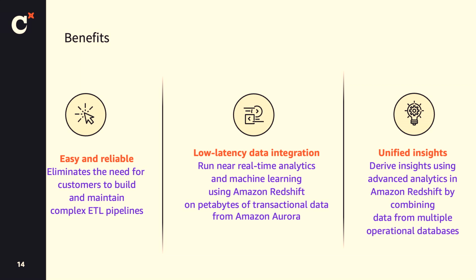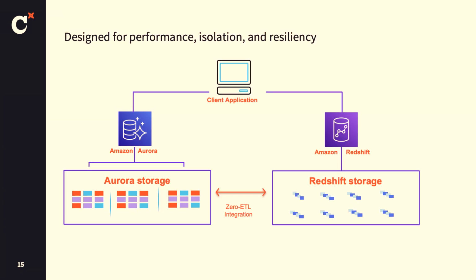What we mean by that is you might have hundreds or thousands of Aurora databases. All that data can be brought into Redshift for analytics. So you are able to do many to one, from many operational databases into one analytics data warehouse. A key point to mention on zero-ETL is the architecture is designed for performance, isolation, and resiliency.